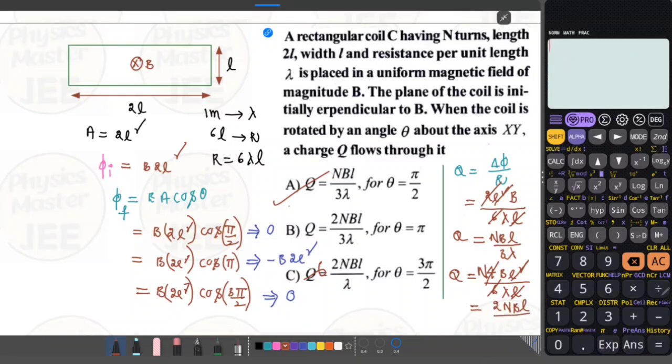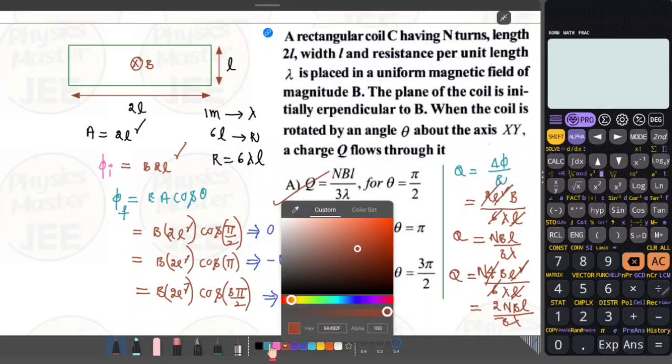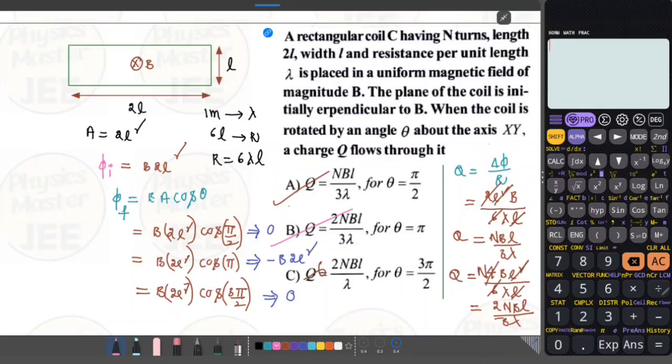This can be written as 2NBL by 3 lambda, right? So option B is also right. So that is the answer for this question.